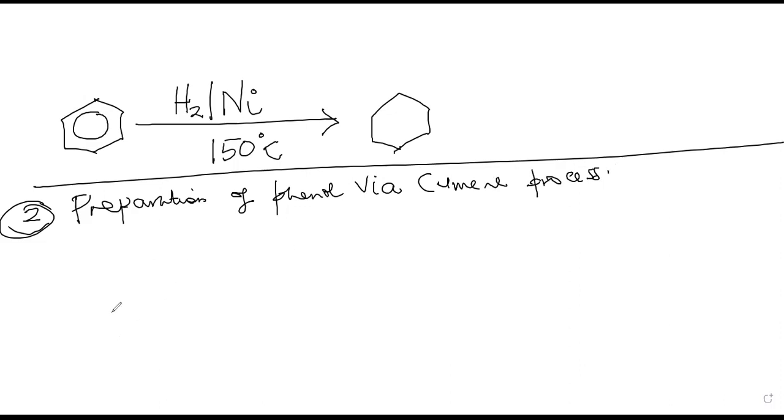One, we first have benzene. We first carry out alkylation using propene, of which we outlined the mechanism yesterday. So it will be CH3CH double bond CH2, using aluminium chloride catalyst.